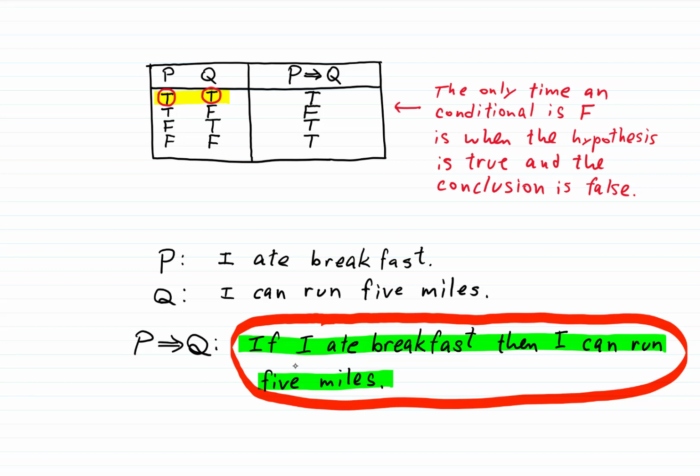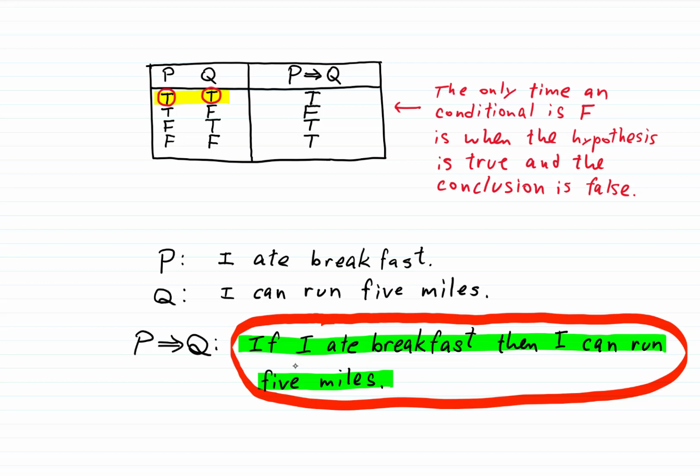Well, that we do not know, because maybe I can run 5 miles on an empty stomach as well. But the point is, you don't know if it's the breakfast that allowed me to run 5 miles, but you certainly have no evidence to say that it wasn't.